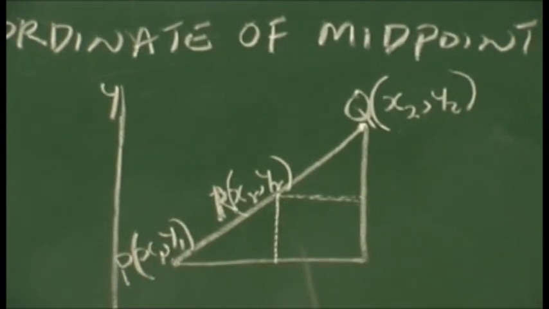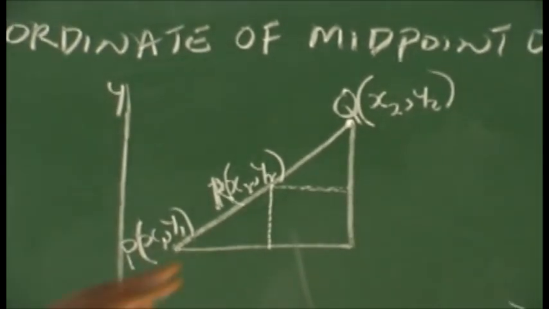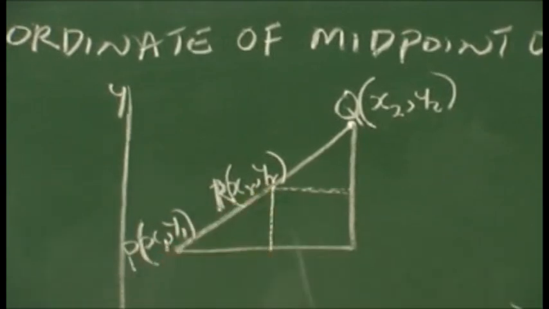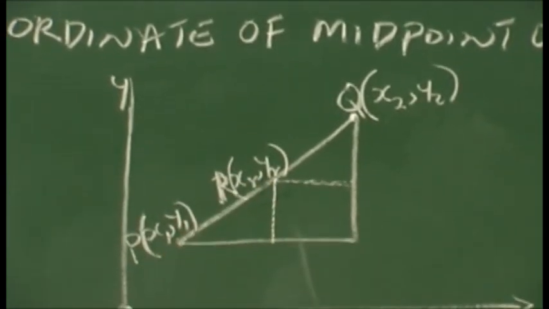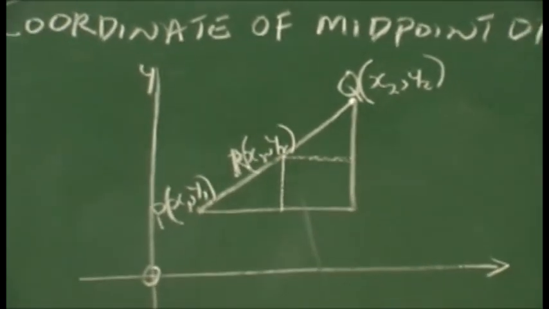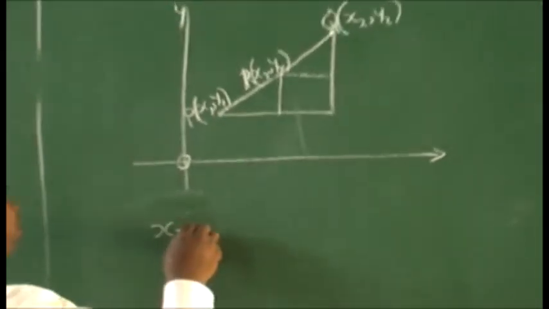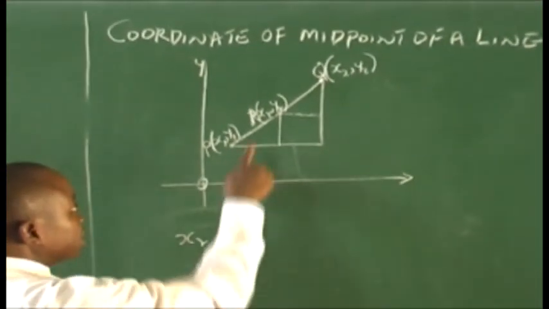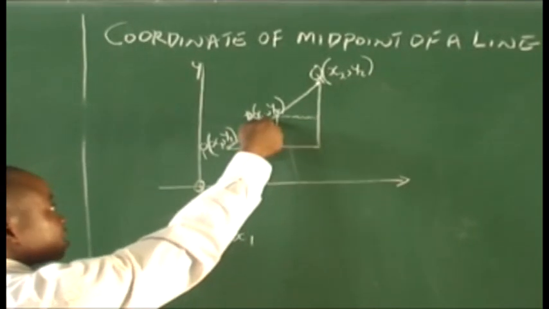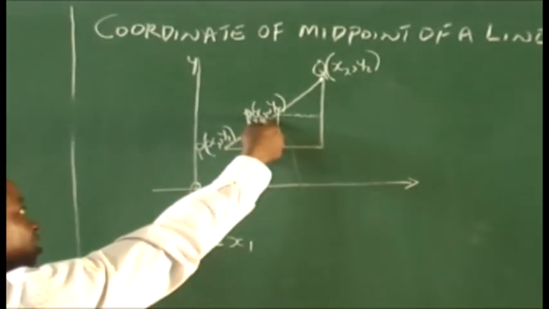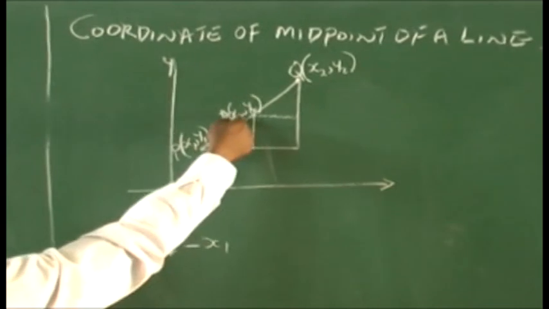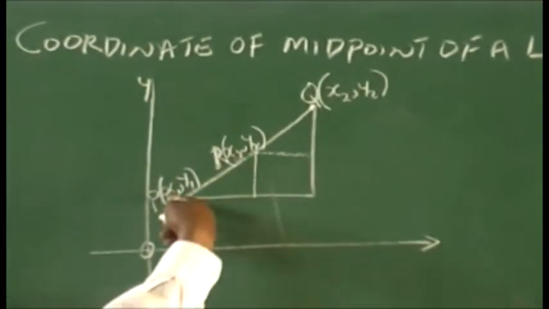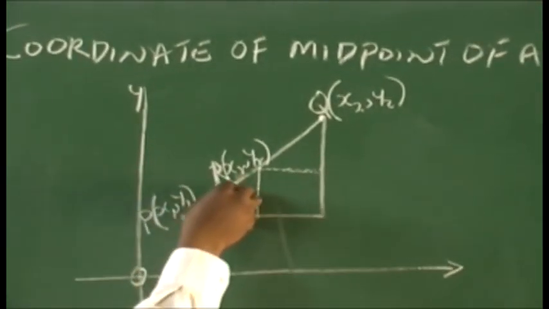For me to get these coordinates, I take xr minus x1. This coordinate minus this coordinate will always give us the distance.